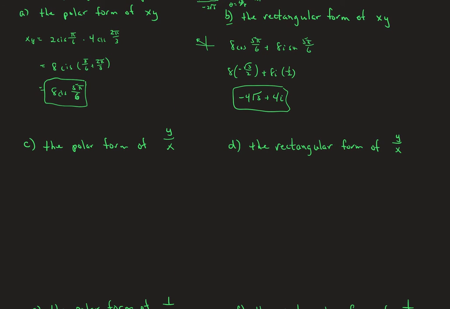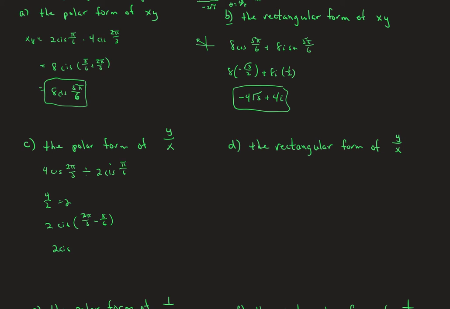Y divided by x, so we're going to take the y, which is 4 cis 2 pi over 3 divided by 2 cis pi over 6. So we'll divide the r values. That'll be 4 divided by 2, which is 2. And then we will subtract the angles. So 2 pi over 3 minus pi over 6.